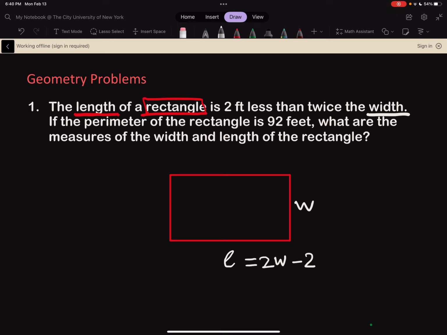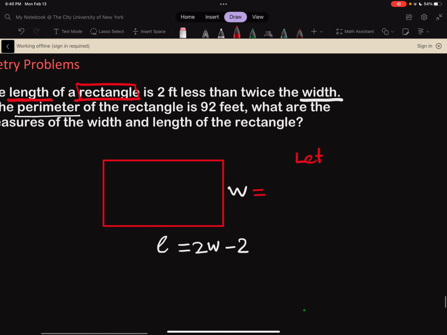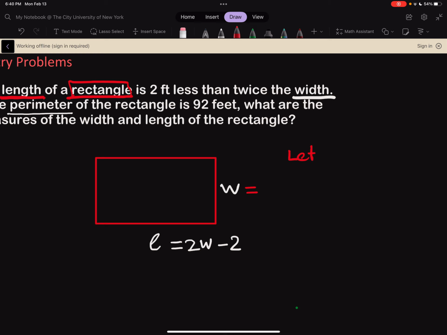Now, before we go on, let's fix our variables. Our traditional practice is to say, let x be the width of the rectangle.